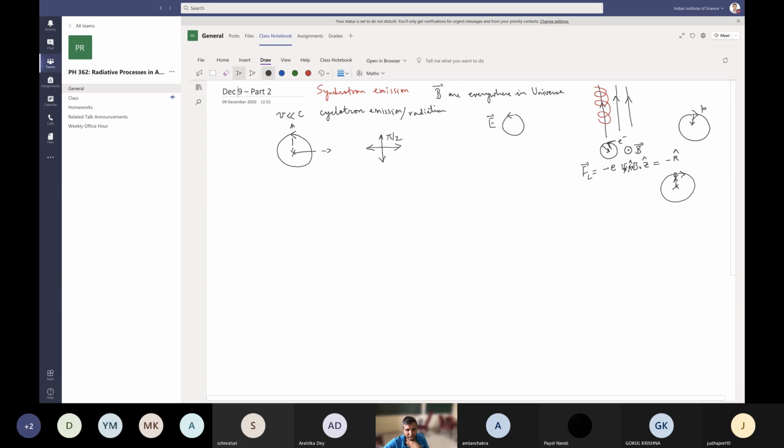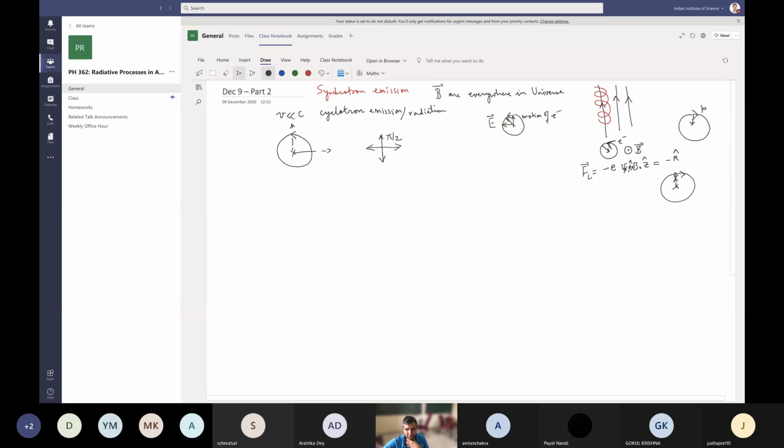If you have an electron which is non-relativistic and is accelerated by this, this is not the electric field, this is the motion of the electron. The electric field is sort of doing this.